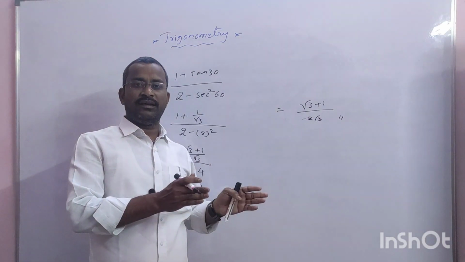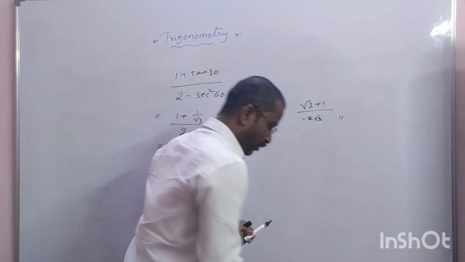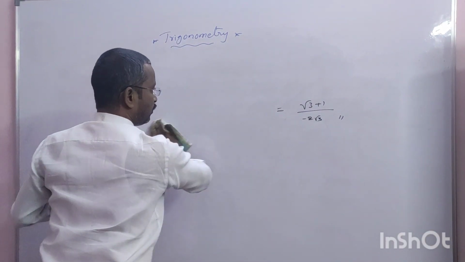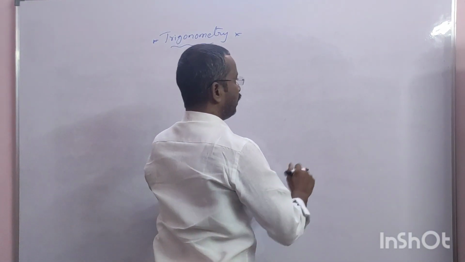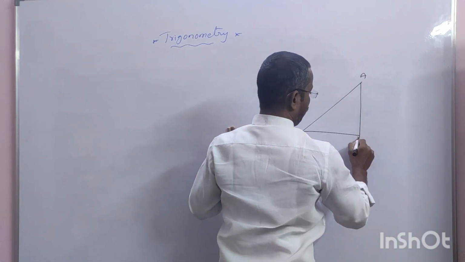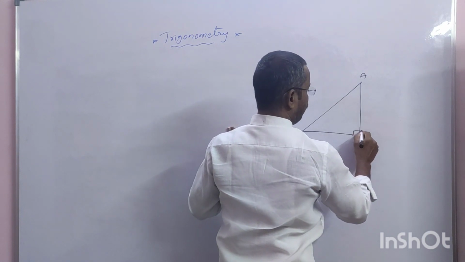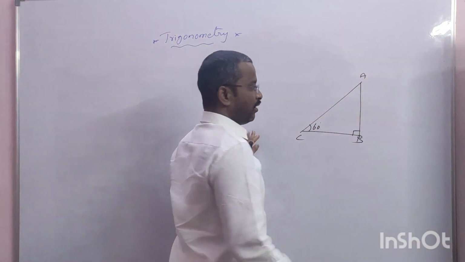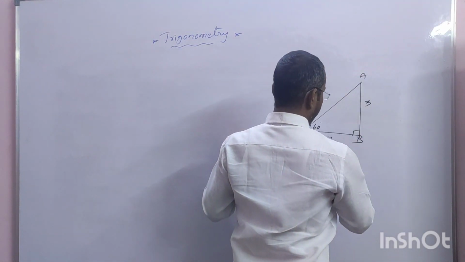These are the first exercise and second exercise. Sometimes he himself will give a right angle triangle. A, B, C, and this is your 90 degrees. He will mention 60 degrees, and this side is 3, this side is 7.